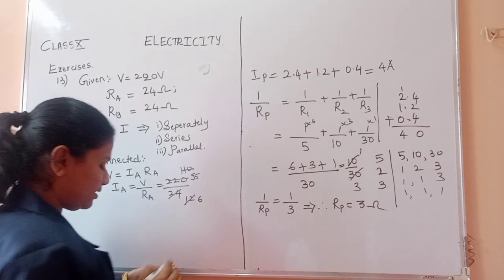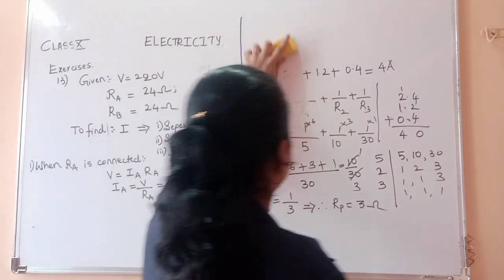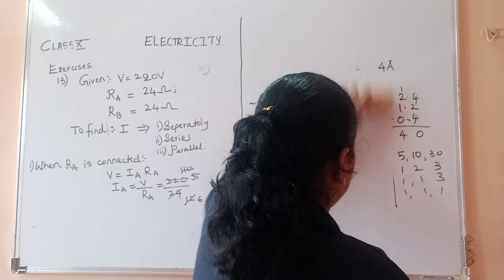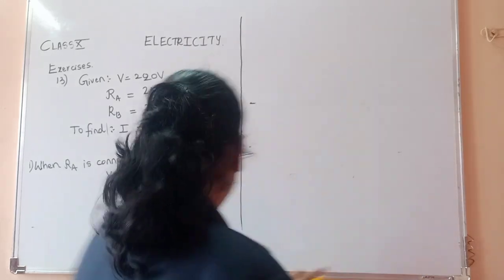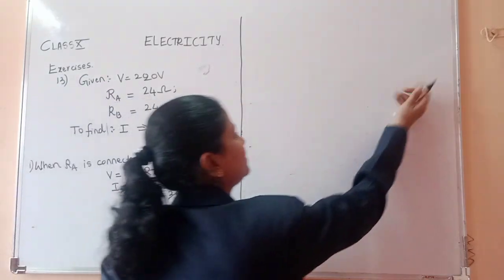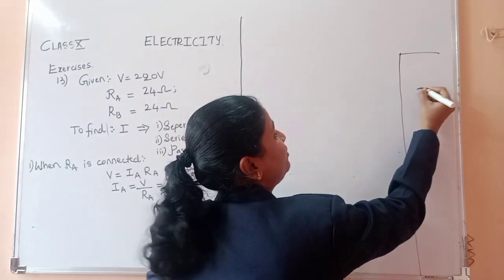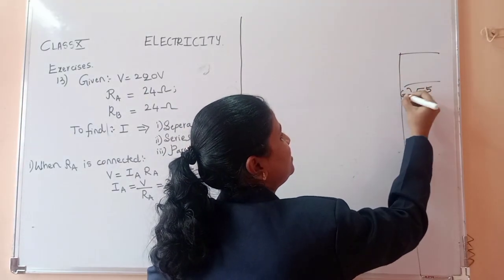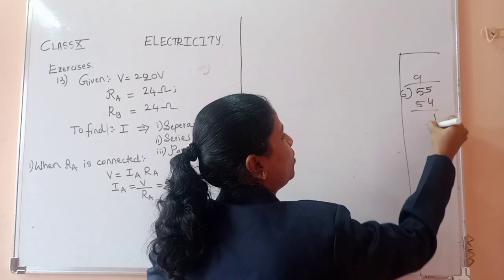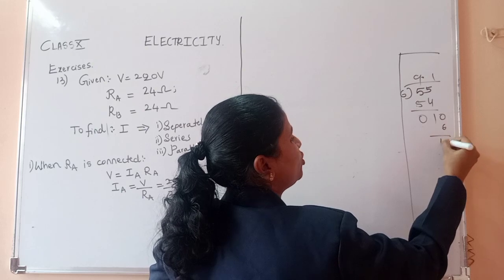Let us do the calculation part here only so that you will understand. So here 6 by 55. Let us keep this side for rough work. 6 by 55. So 55, 6. 6 nines are 54, 1, 0. Okay, 6 ones are 6, 4 you will get.